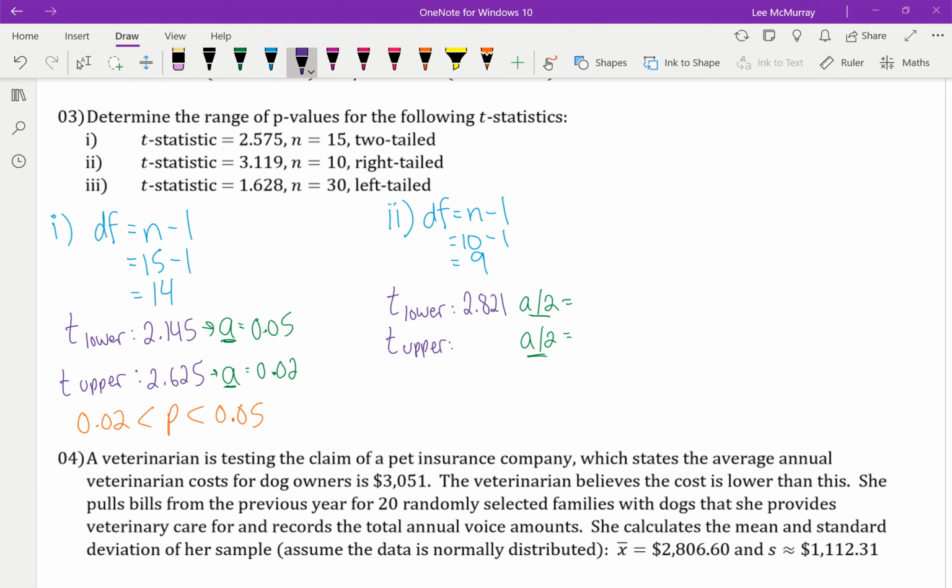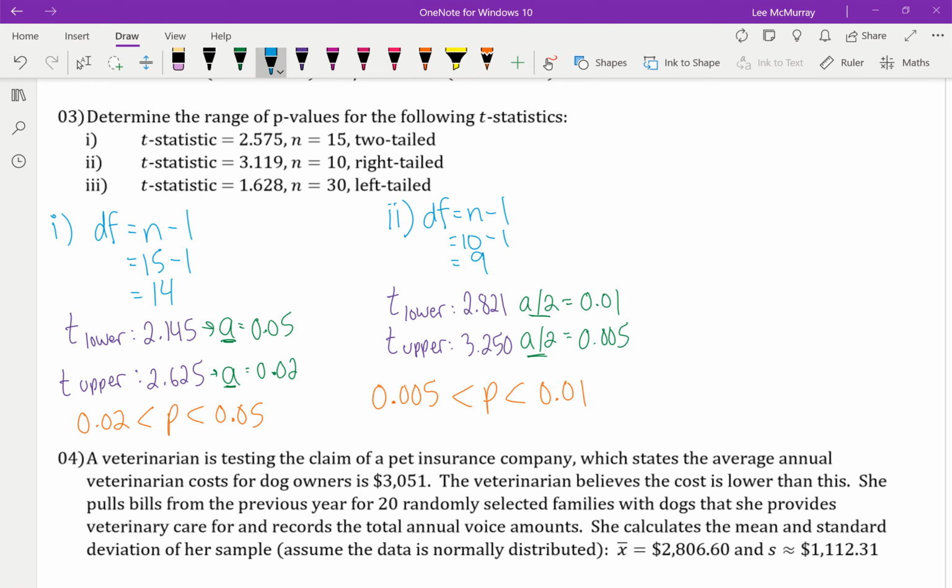And our upper value was 3.250. And when we took the alpha in half, we ended up with 0.01 and 0.005. Okay, so restating that as our p-value, our p-value would be greater than 0.005, but less than 0.01.